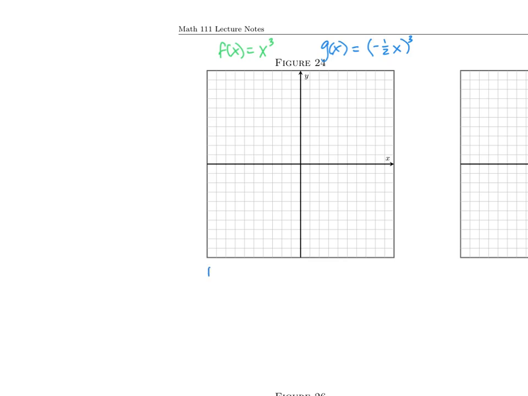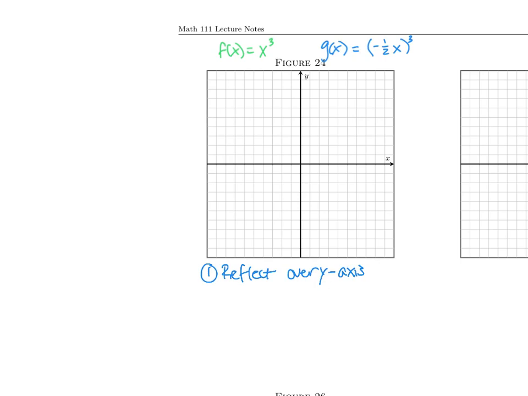So I'm going to start with the reflection. So it's going to reflect. Now remember, even though it's affecting the x values, it's going to reflect over the y-axis because that's where the switch between positive and negative x values happens.